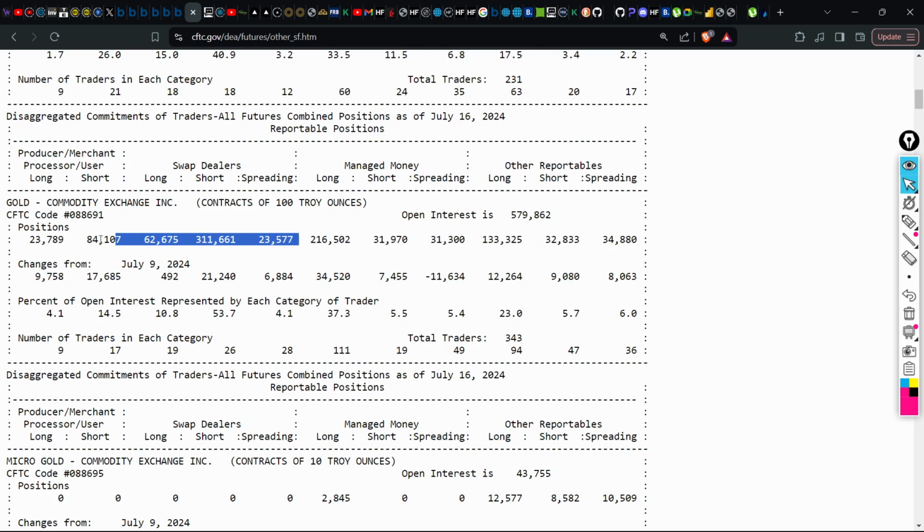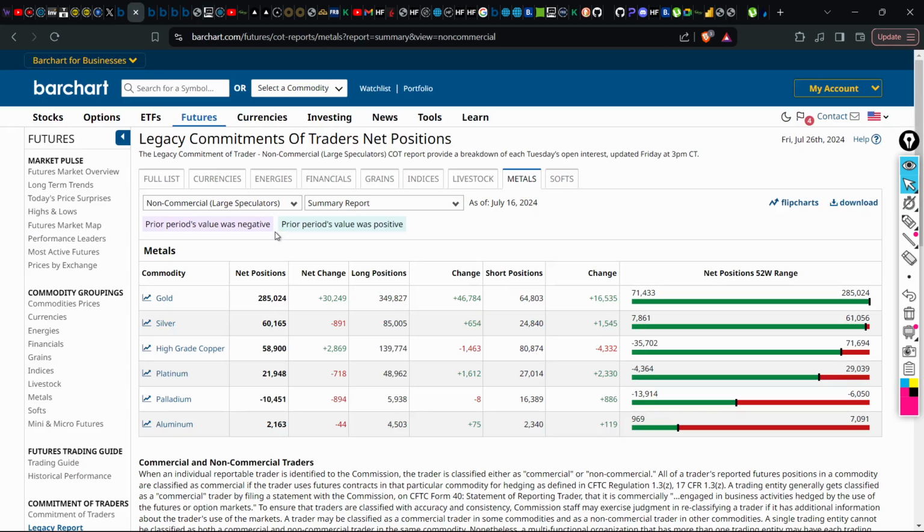All right, so back to here. Now, you're not going to look at non-commercials because these are speculators. All right, these are trend followers. These are people who follow the money. They do not dictate where the market will go. Their positions, as you have seen, are not that big.